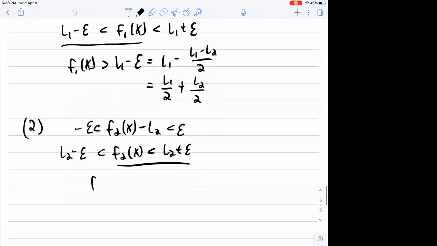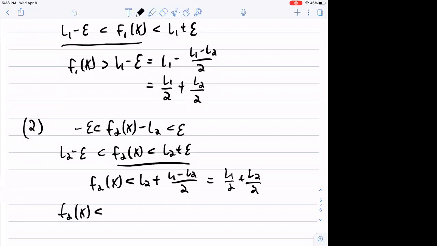So we want this side, right? So from here, F2 of x is less than L2 plus, again, L1 minus L2 over 2, right? And what is this? This is exactly just L1 over 2 plus L2 over 2, right? So you have F2 of x is smaller than L1 over 2 plus L2 over 2.